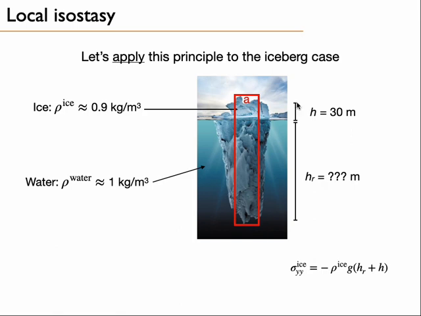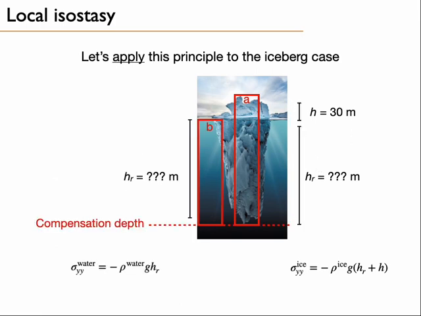Let's compute the total load of this column. It will be density of ice times g times H, the thickness of the part that sticks out, plus HR, the thickness of the root.